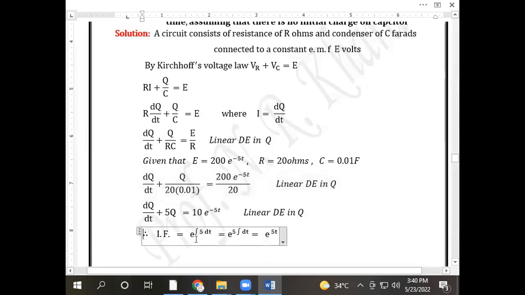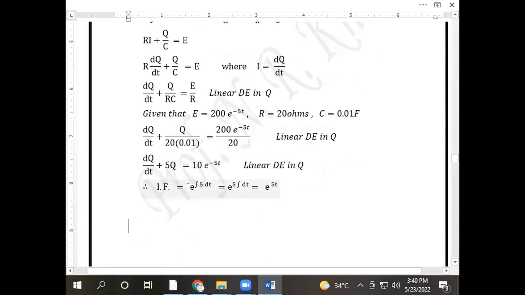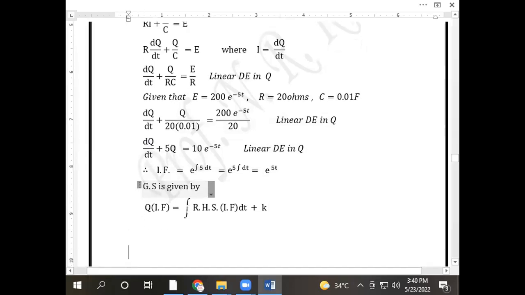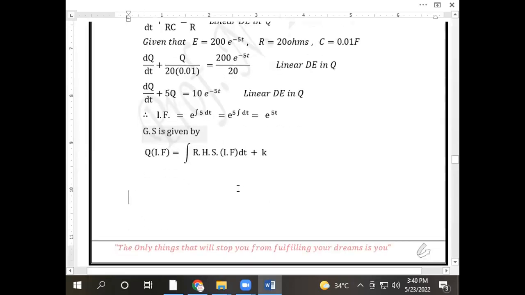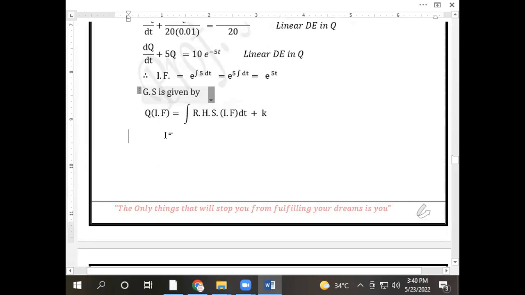The integrating factor of this differential equation is e raised to the integration of 5 dt, where 5 is a constant and the integration of dt is t. So the integrating factor is e raised to 5t. The general solution is given by q times integrating factor is equal to the integration of the right hand side times the integrating factor dt, plus k.